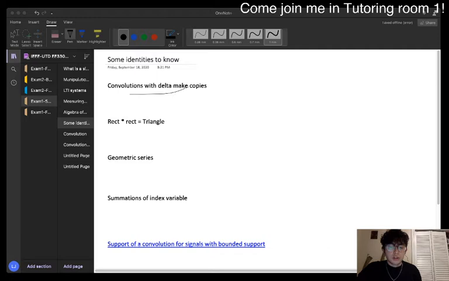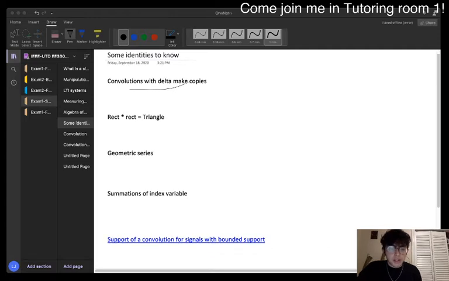Notice that we get copies at every single one of these delta functions. This is basically just a shifted over version of our original signal that we're convolving it with.